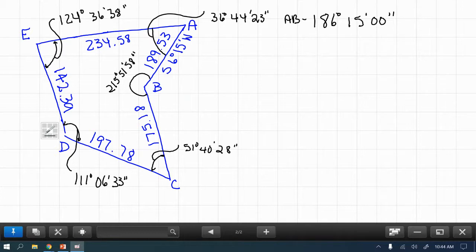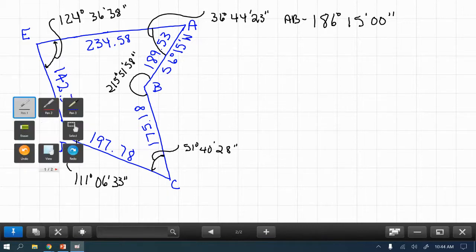Oh, 36.44. So we're not ready to do the chart yet. I'm glad you asked that. Because it's in quadrant 3, we would add 180. But eventually, I'll highlight the ones that would go in the chart. That one particularly would go in the chart, so I'm going to star that one.